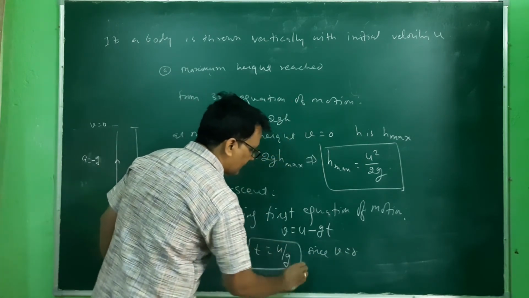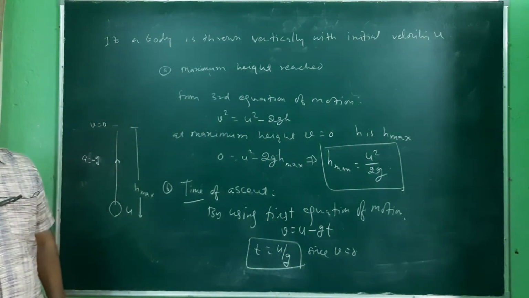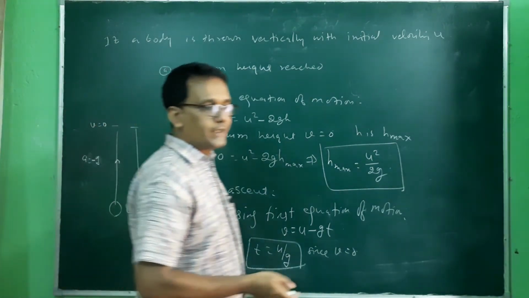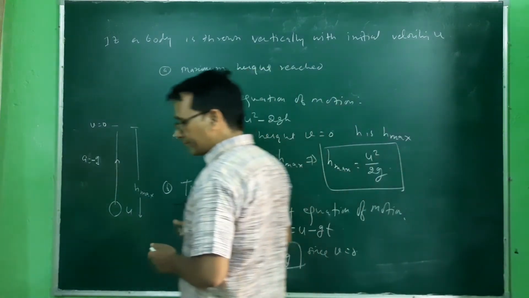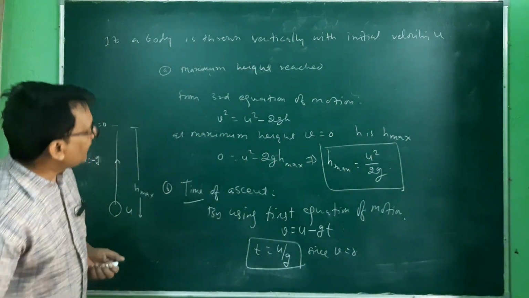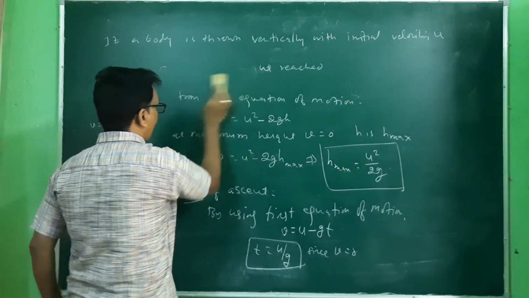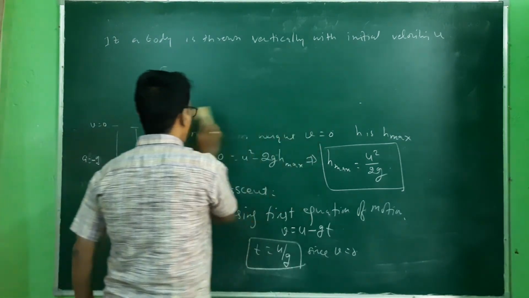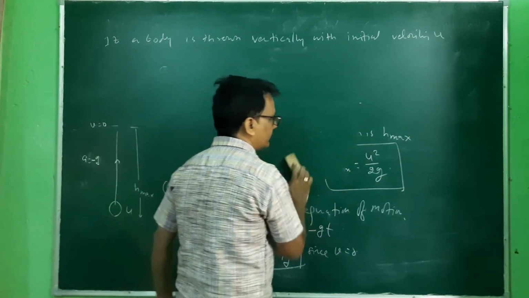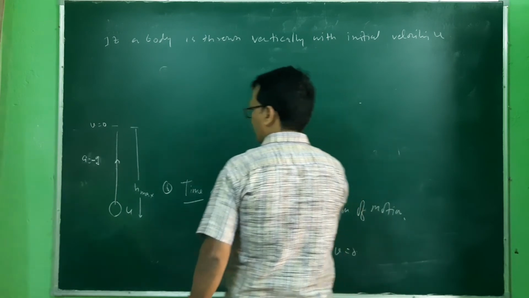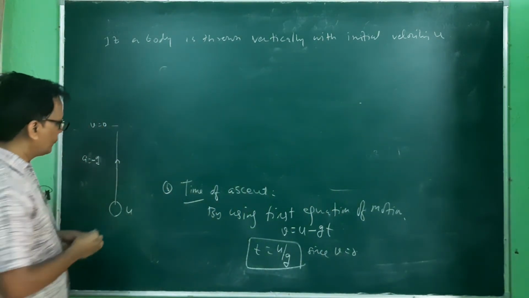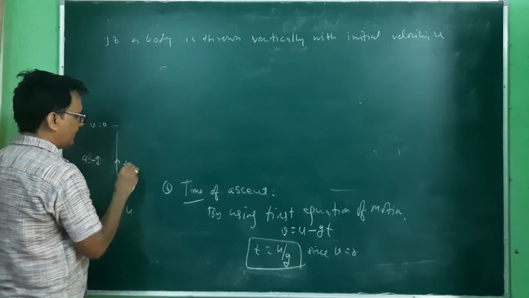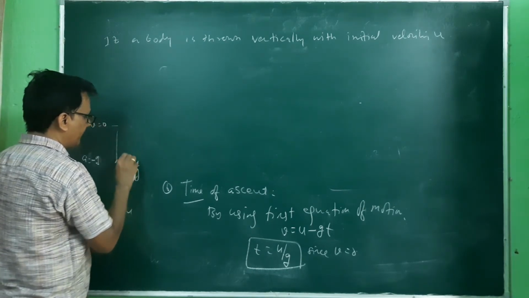So this is the time of ascending or descending. The same time it will take to come back with the same velocity. So the total time of flight we can calculate. So here this t is equal to u by g.